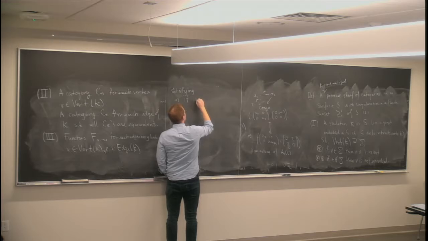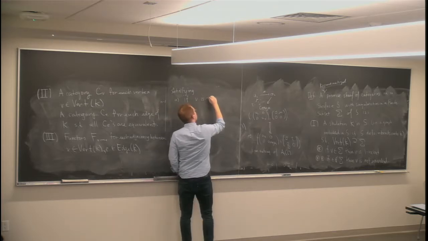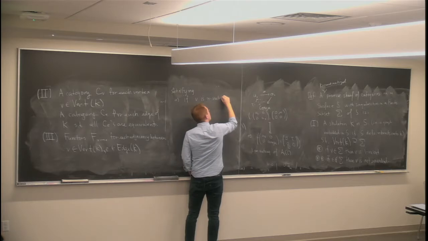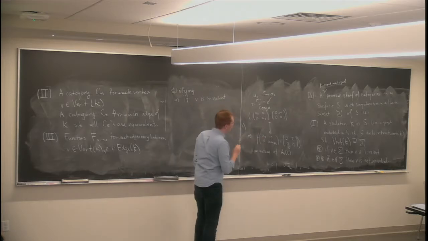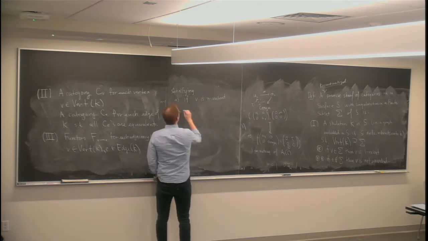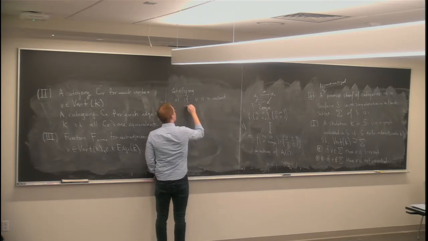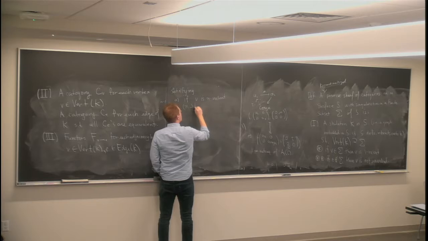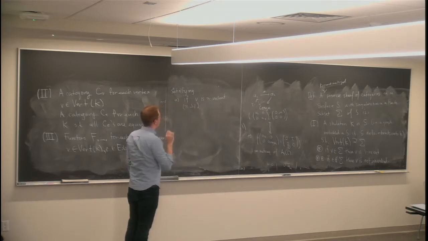Let's say B is n-valent, that is, it's one of the vertices not contained in the set sigma, and n is greater than 1.